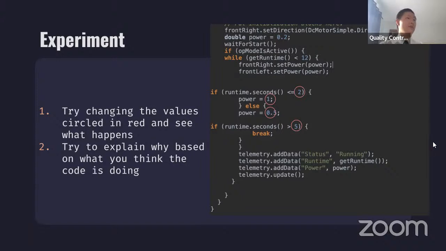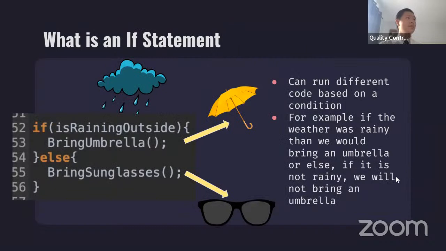I think Eric is on the right point. So for the sake of pacing, here's an explanation of how an if statement works. Basically, it runs different sections of code based on varying conditions.